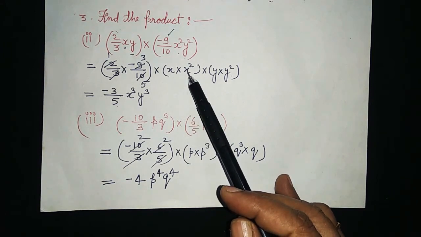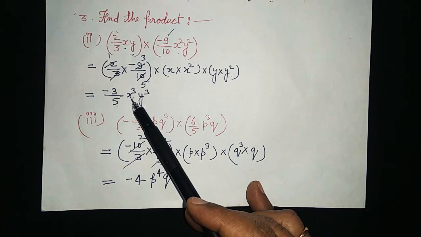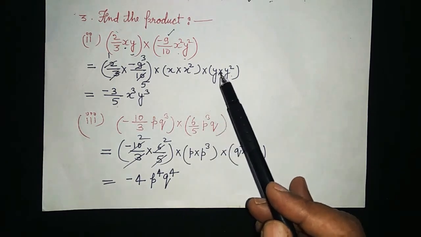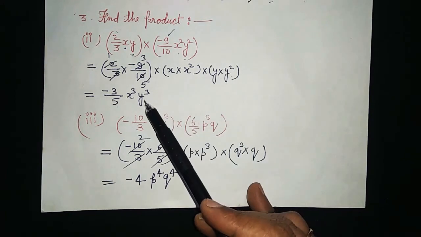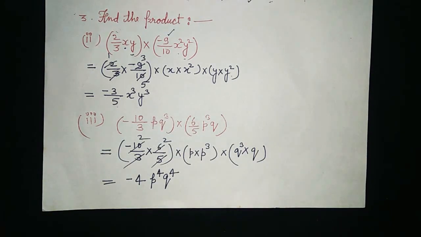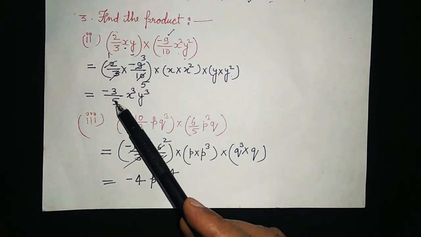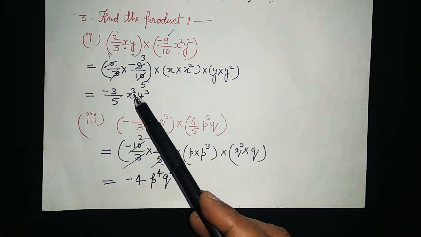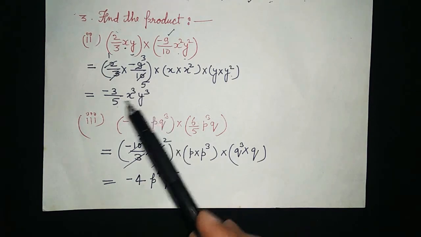X into x square, what will we get? X cube. Into y square, when we multiply, we get y cube. So the answer of the multiplication is minus 3 upon 5 into x cube into y cube, or we can say minus 3 upon 5 x cube y cube.